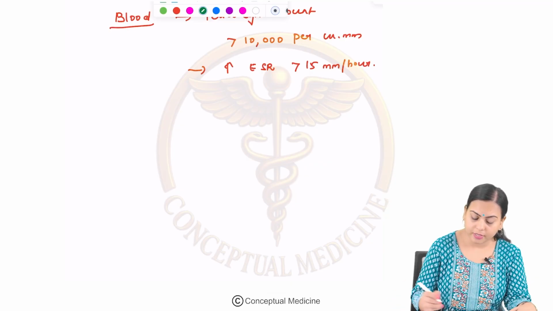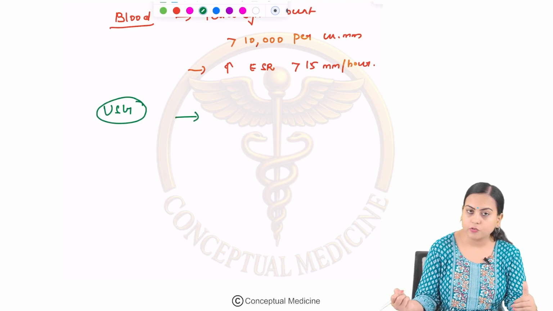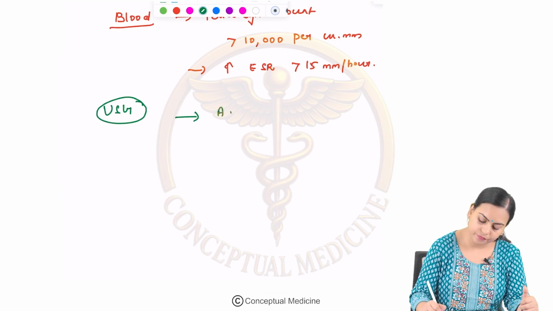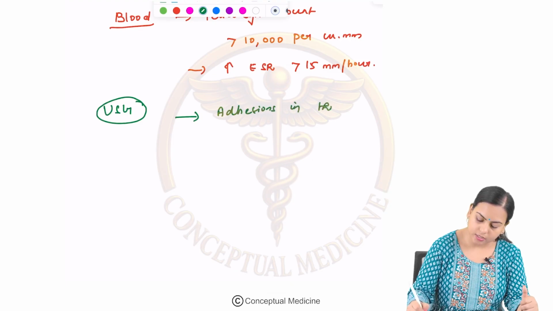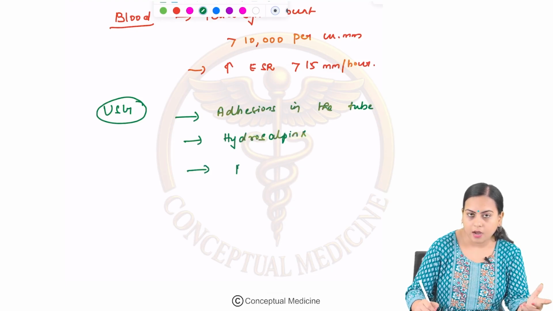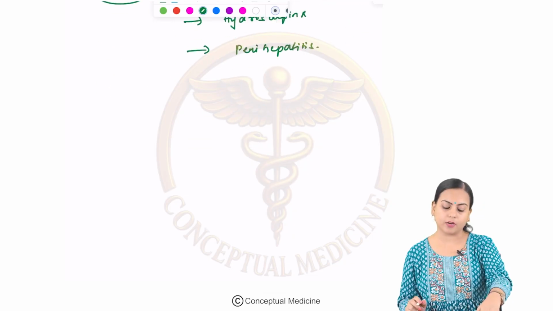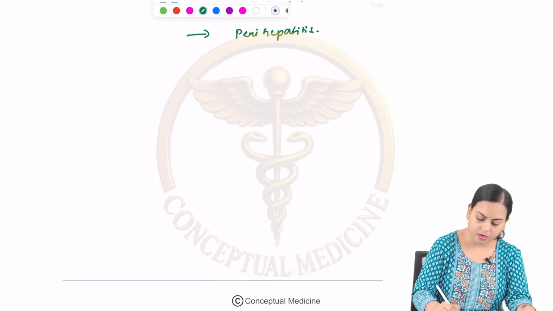Then we can offer them an ultrasonogram where you will be able to see adhesions in the tube. You can also see hydrosalpinx, and perihepatitis feature that I have described under Fitzhugh-Curtis syndrome can also be seen.